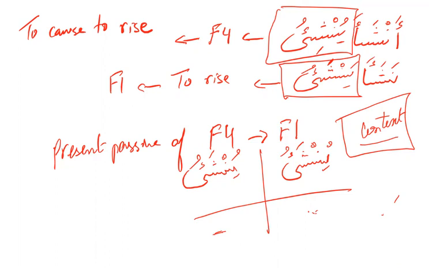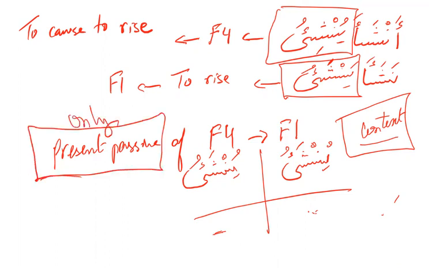Sure. In the passive present tense only, the F4 present passive and the F1 present passive are the same. So how will we decide which family it is and what the meaning is? The context will decide the meaning.